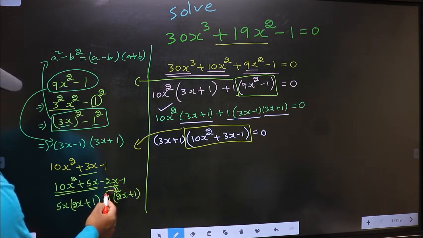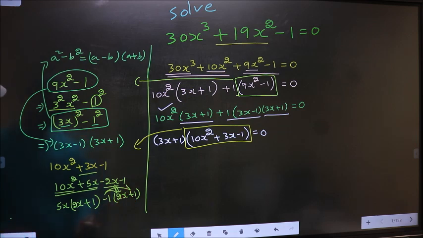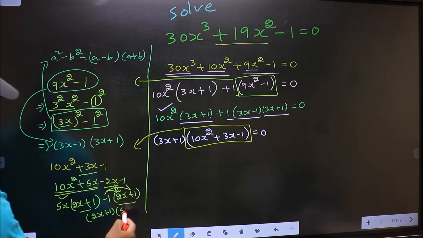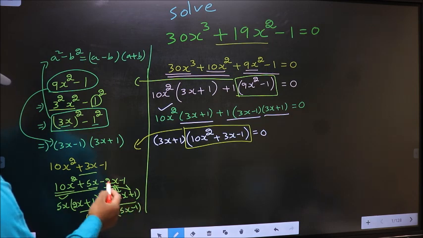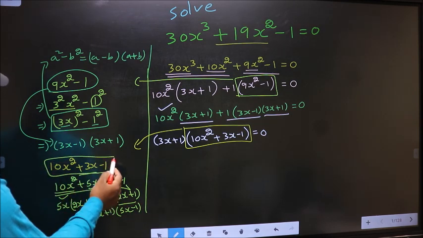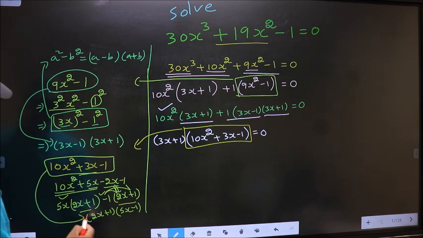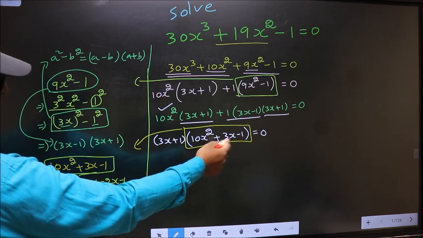Even if you multiply and check, still you get the same thing. Now take out 2x + 1 common. So here you have 5x and here −1. So now in place of this quadratic, we will write this over here.